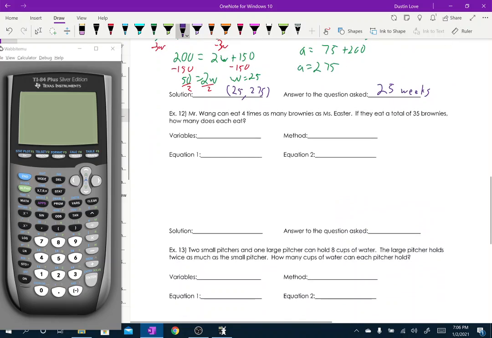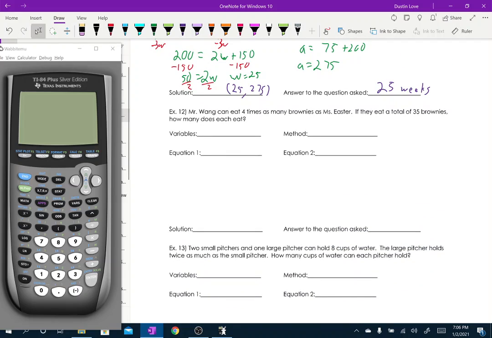Okay. Number 12. Mr. Wang can eat 4 times as many brownies as Miss Easter. Okay, so if they eat a total of 35 brownies, how many does each one eat? Okay, well, in this case, I do believe that Mr. Wang and Miss Easter are going to be the variables.